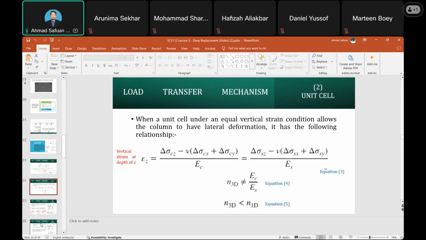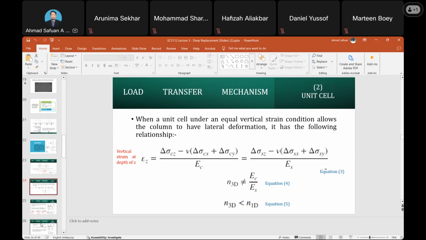The vertical strain at depth Z, delta sigma CZ, minus Poisson's ratio times delta sigma Cx plus delta sigma Cy, over EC, where EC is the modulus of the column, is equal to delta sigma SZ minus Poisson's ratio times delta sigma Sx plus delta sigma Sy, over Es.